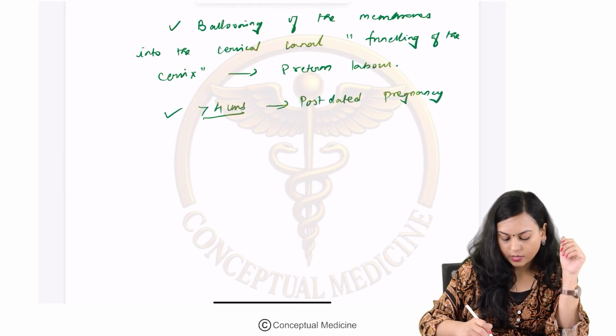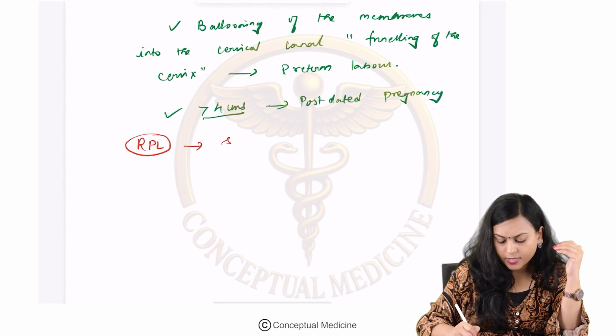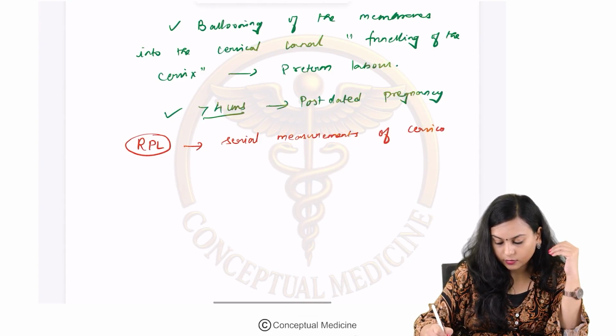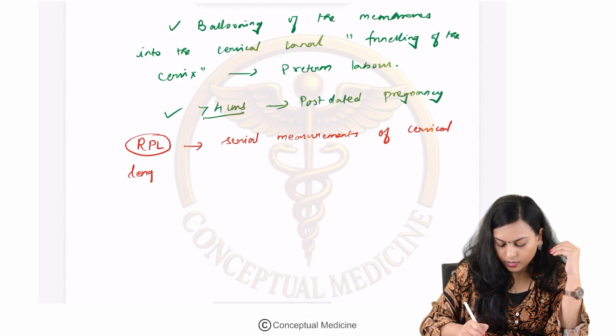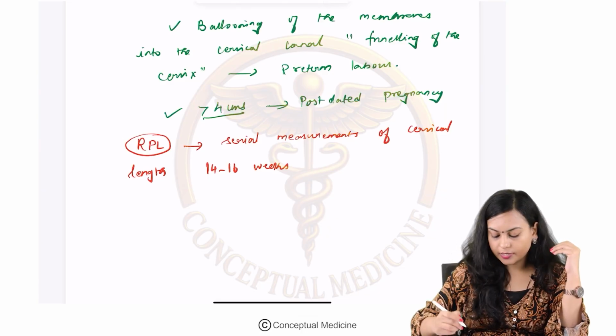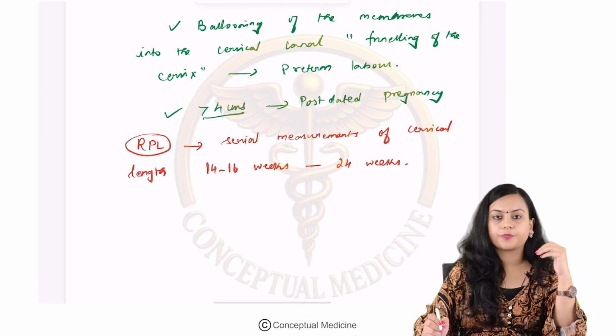Suppose you have a case of recurrent pregnancy loss, you have to do serial measurements of cervical length, starting from 14 to 16 weeks itself. You have to start much earlier and continue till 24 weeks at least.